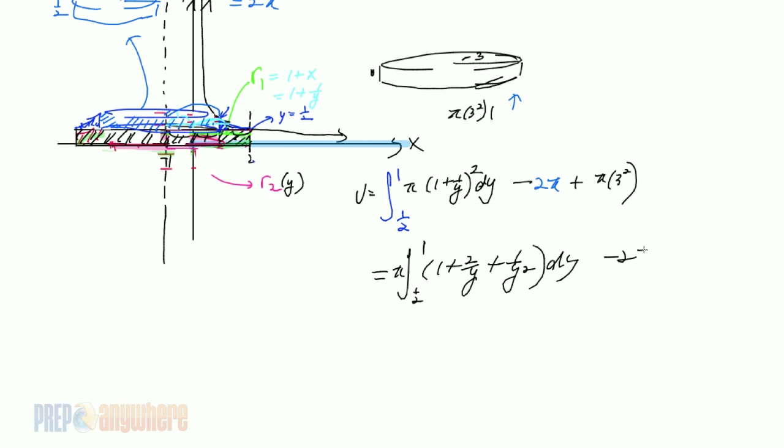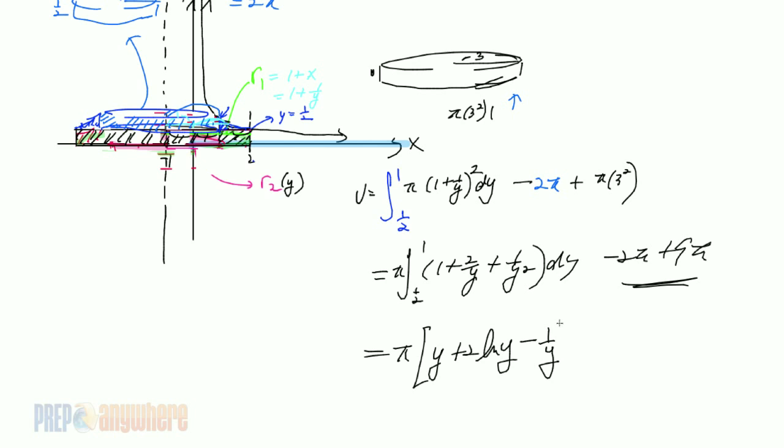This is minus 2 pi plus 9 pi, so we can take care of that separately, which gives you 7 pi. The antiderivative of this inside is going to be y plus 2 ln of y minus 1 over y. So remember the 1 over y is from ln of y, and 1 over y squared integrates to minus 1 over y, so that's why it's minus 1 over y here.